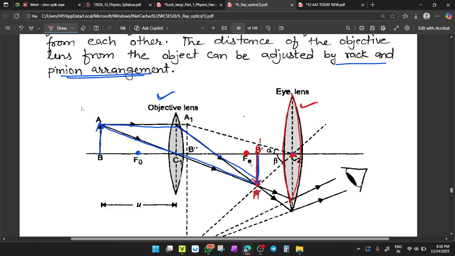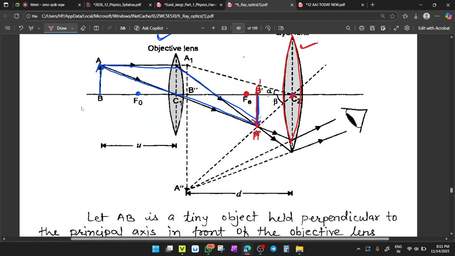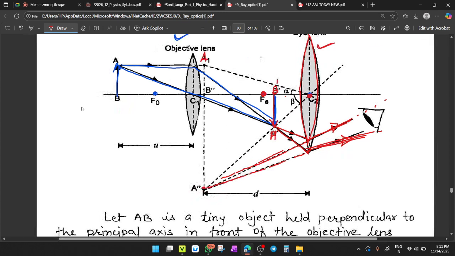And you know, when the object is between focus and optical center, it will have a virtual image. So the first ray coming from this lens goes this side and the second ray goes this side. They are divergent in the forward direction, so make them converge, and you will have your final image here. This is your final image A double dash.